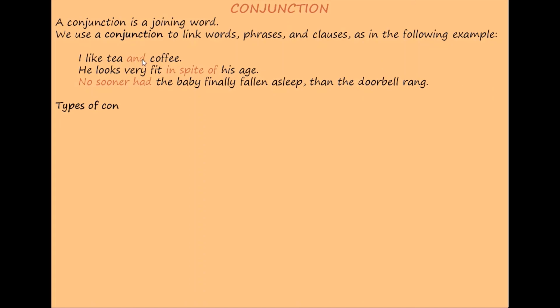So in the example, I like tea and coffee. So here, and joins tea and coffee. It means conjunctions are the words that can join words. And in the second example, he looks very fit in spite of his age. So here, in spite of is a conjunction and it joins phrases. And in the last example, no sooner had the baby finally fallen asleep than the doorbell rang.